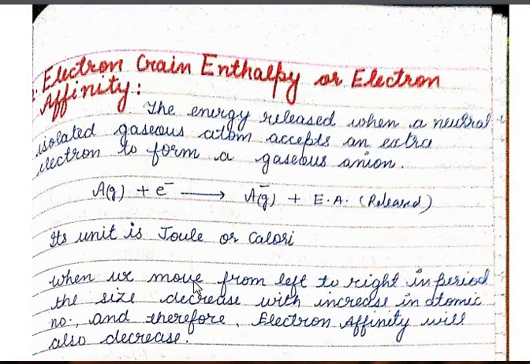When we move from left to right in a period, the size decreases with increase in atomic number, and therefore electron affinity will also decrease.